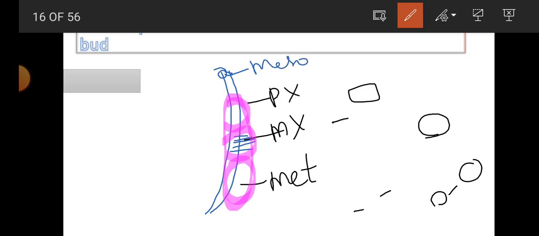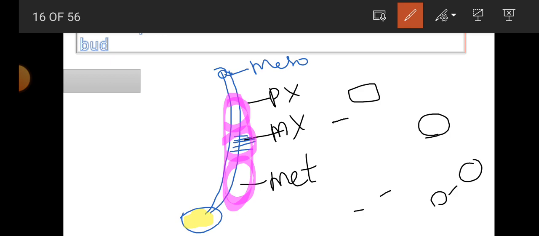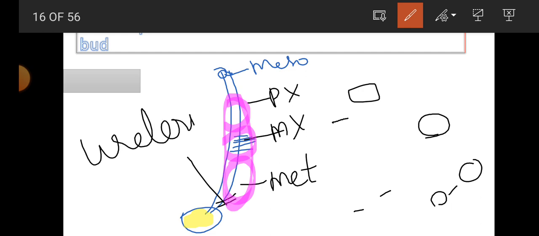Now from the mesonephric duct, before it enters the cloaca, the hindgut, what happens? There is a small outpouching taking place. This outpouching is called the ureteric bud. This projects into the metanephric tissue.